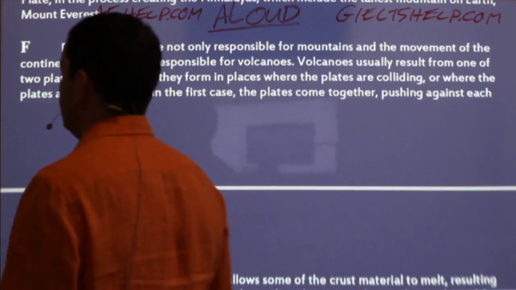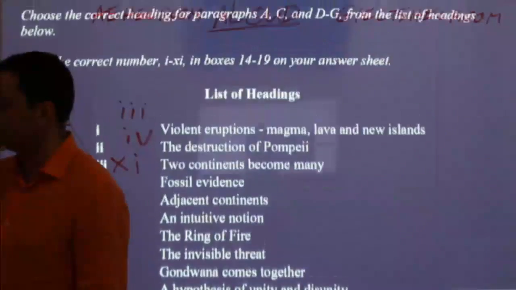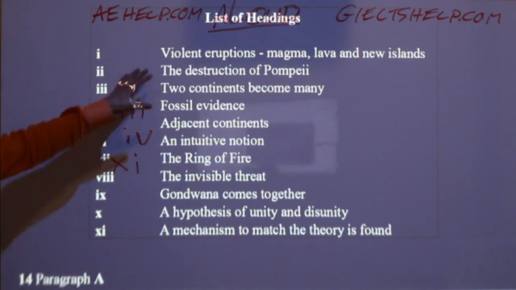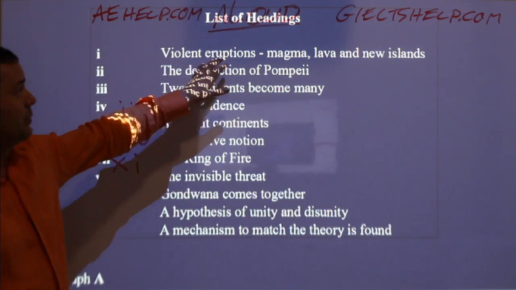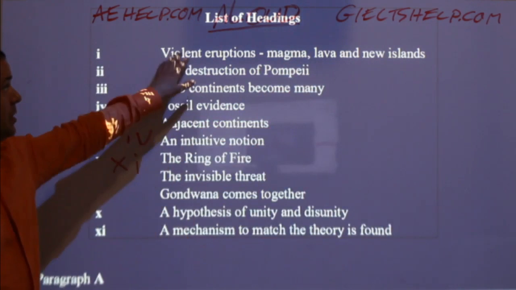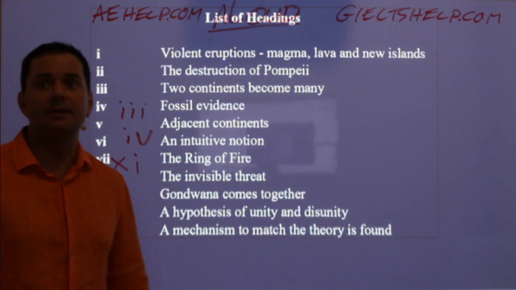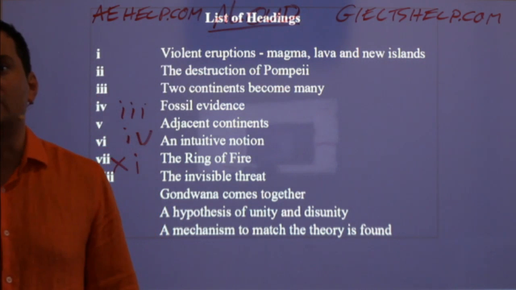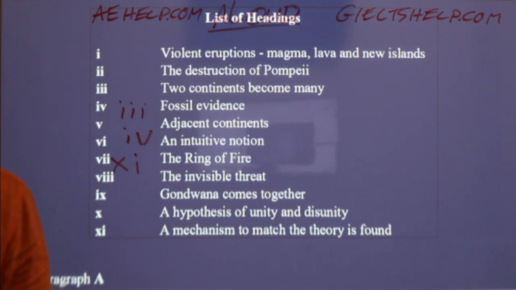Now, do we have the word volcanoes in our choices? No, we don't. But we remember from our paraphrasing that violent eruptions, magma, lava, and new islands, that's volcanoes, okay? So we know that it is I, and I'm sure a lot of you realize that. Very good, Rena Tingso and Mario and Maria Faye.